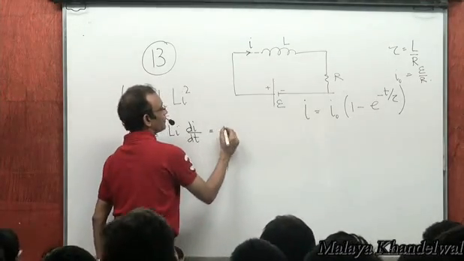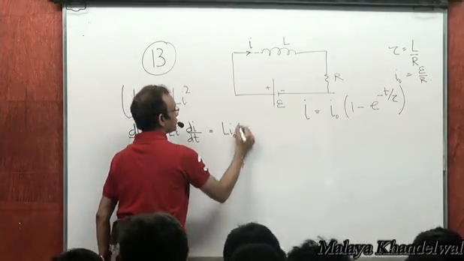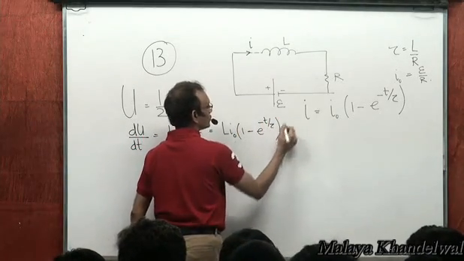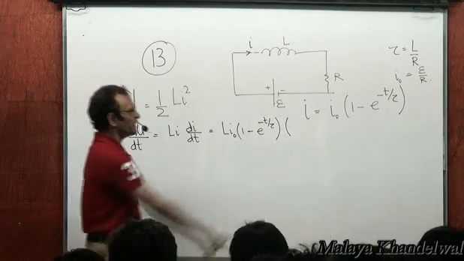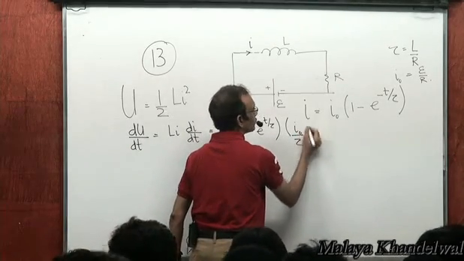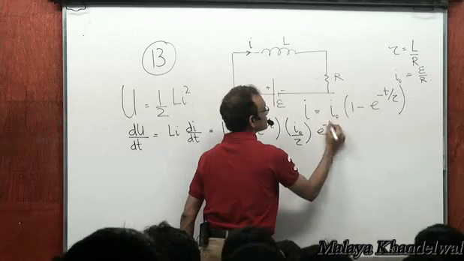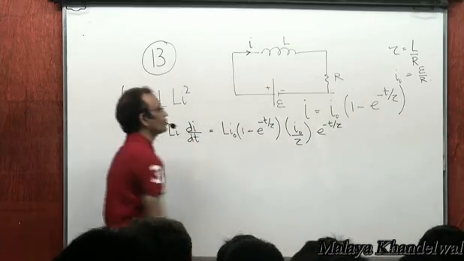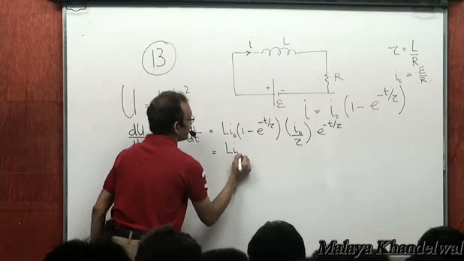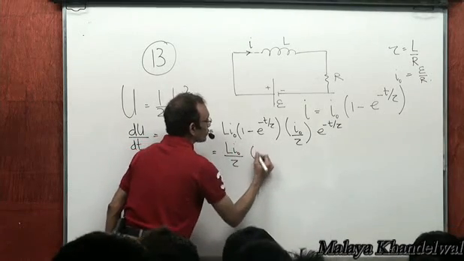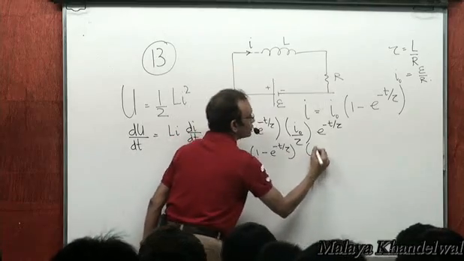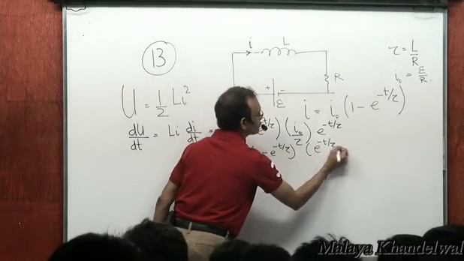That means L I naught times 1 minus e to the power minus t by tau times dI/dt. dI/dt again is I naught by tau times e to the power minus t by tau, which is like L I naught squared by tau times 1 minus e to the power minus t by tau into e to the power minus t by tau.